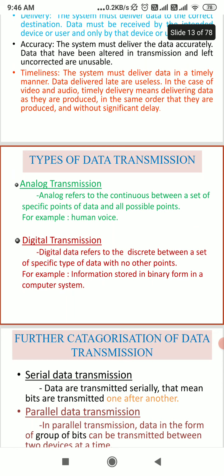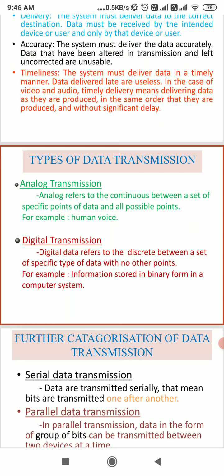Now we can see the data transmission. When we are transmitting data, that transmission can be analog or digital. What does analog mean? If we are talking, that is sound, and we know that is an analog quantity.